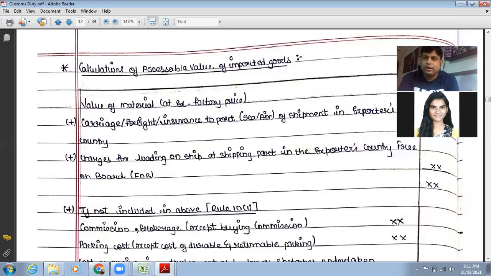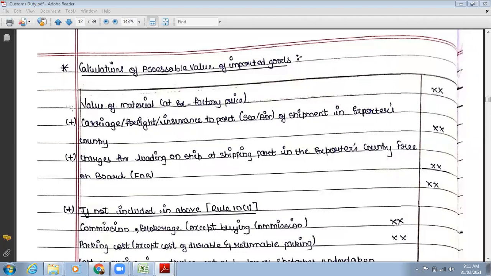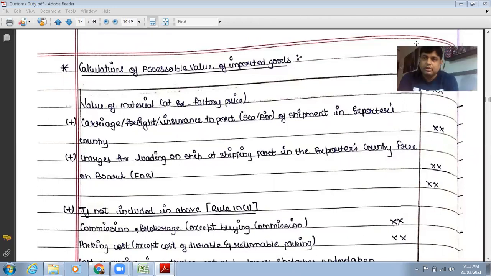Calculation of goods imported. So you will find the value of material at ex-factory price. Ex-factory means from the factory, at the factory of the exporter's country.